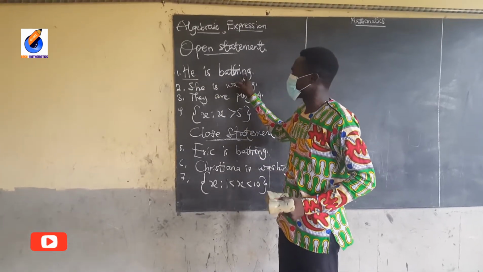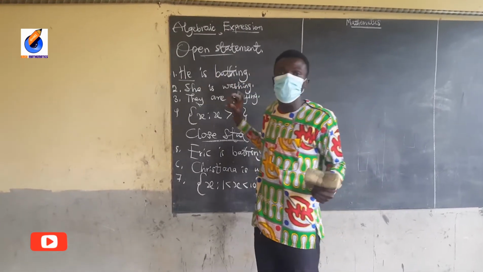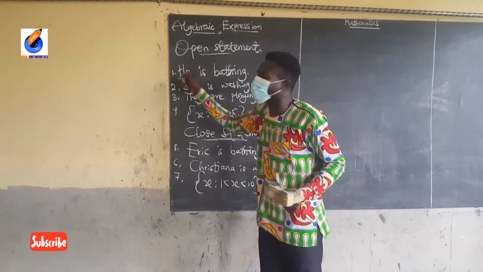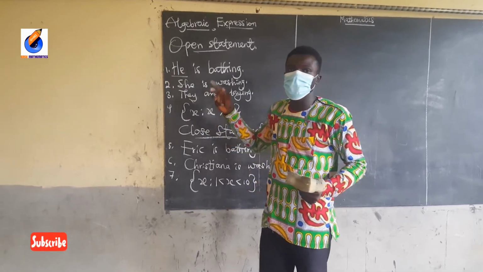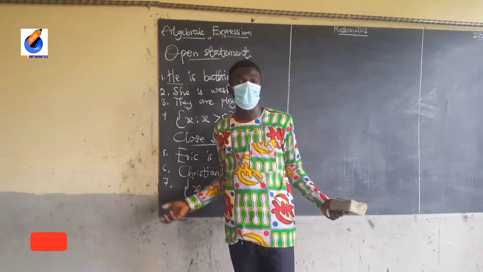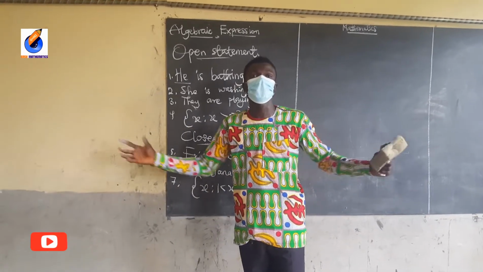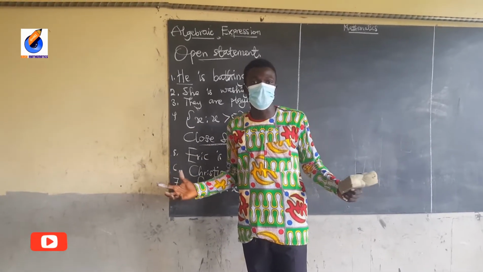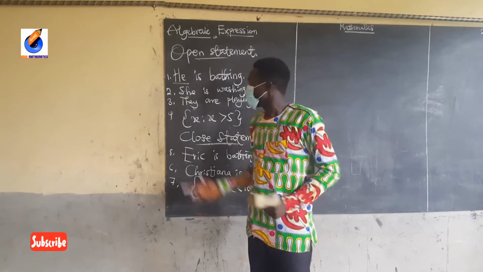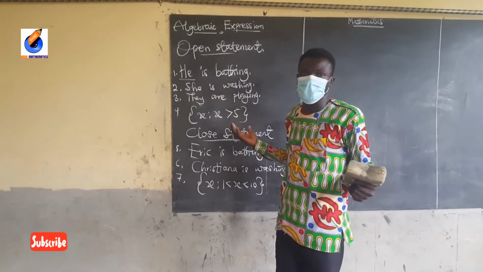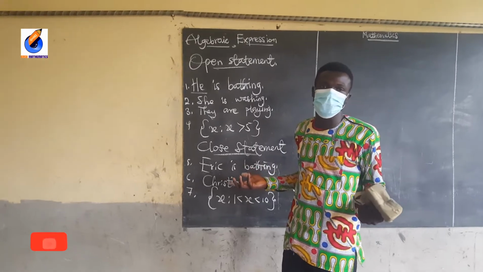So, he is baffled. Because we don't know the one who is baffled, we assume that this is a variable. Because if there is a variable, you can put any number inside to make the solution equal or defined. She is baffled. Who is baffled? They are baffled. Who are baffled?